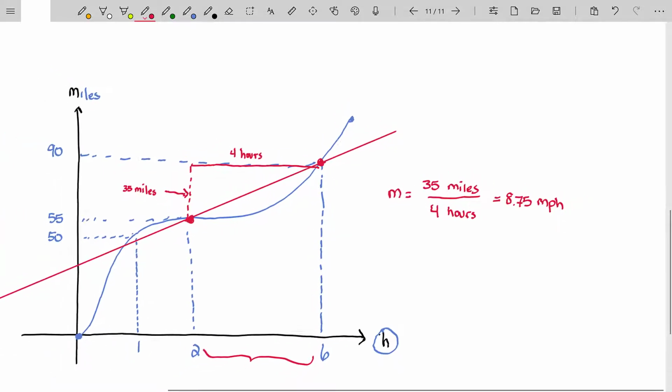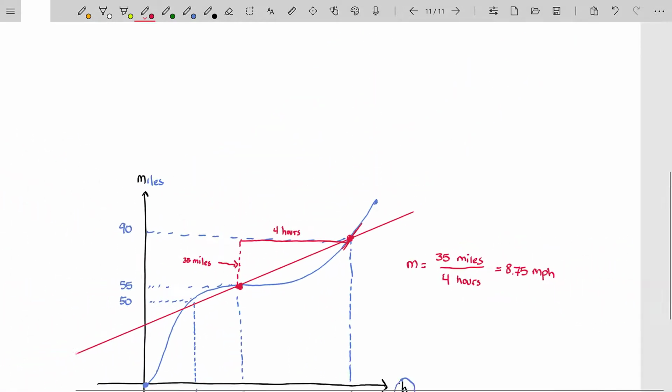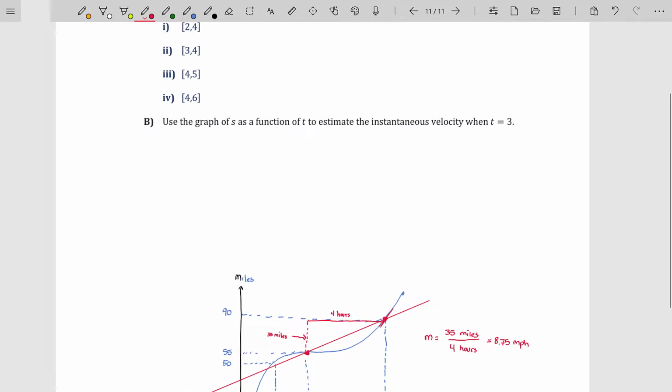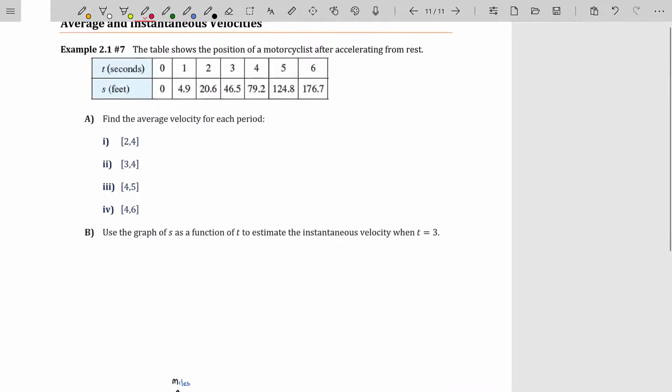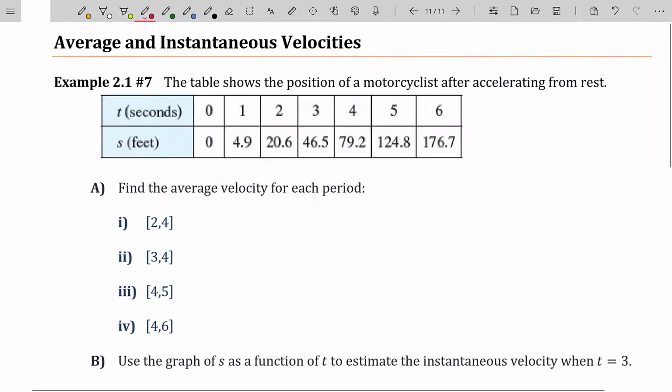And if you want to find the instantaneous rate of change at, let's say, this moment right here, that would be the instantaneous velocity. So that's not even a difference. That's the only thing you really truthfully need to remember when you're dealing with distances and times, is that the average rate of change ends up being the average velocity, and the instantaneous rate of change ends up being the instantaneous velocity. So let's go ahead and see how this works.